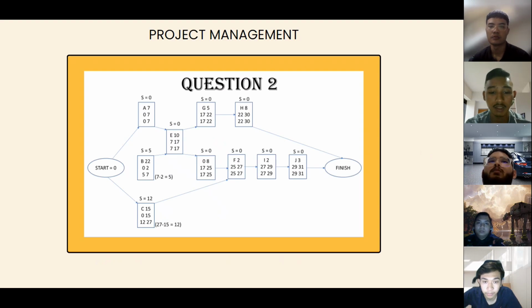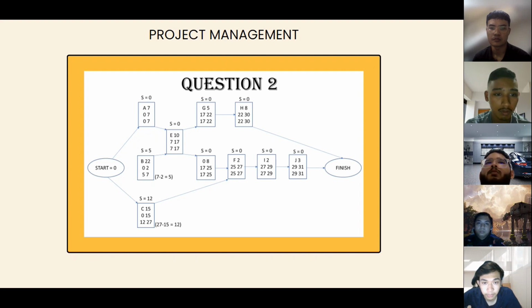Firstly, in question 2, we need to draw a table with blocks following the table arrangement, and each block needs two calculations. The first is the forward calculation from the start, and the second is the backward calculation from finish to start. In question 2 there are also blocks with two incoming arrows.